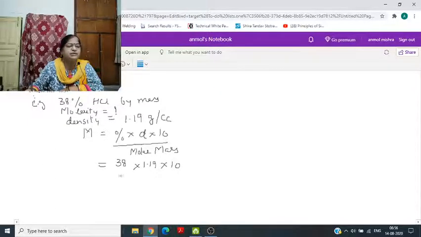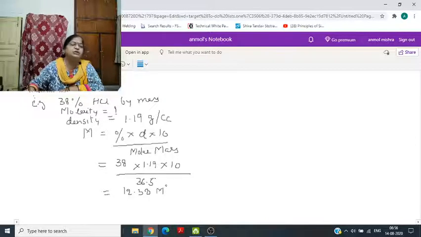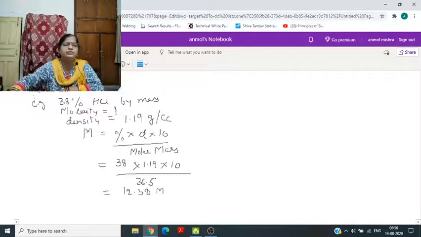The molar mass of HCl is 1 plus 35.5, so it will be 36.5. When we calculate, the molarity of the solution will come out 12.38 m. So I have written the question in short, whatever is given you can do it.